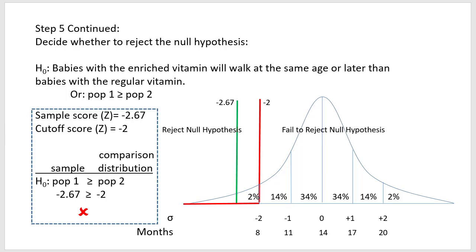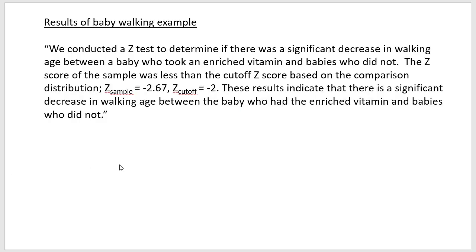So we have our decision, and we need to put it into a plain language paragraph. So let's look at what that might look like. We conducted a z-test to determine if there was a significant decrease in walking age between the babies who took an enriched vitamin and the babies who did not. The z-score of the sample was less than the cutoff z-score based on the comparison distribution.